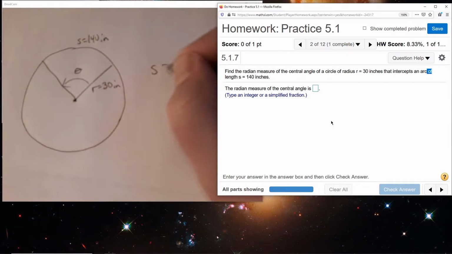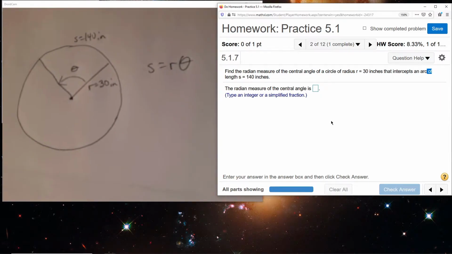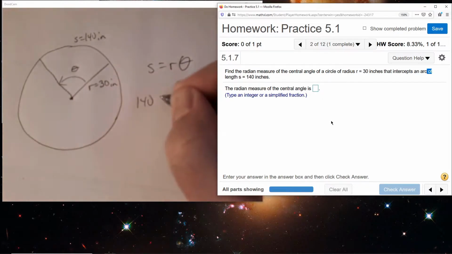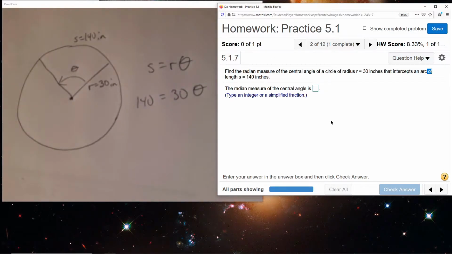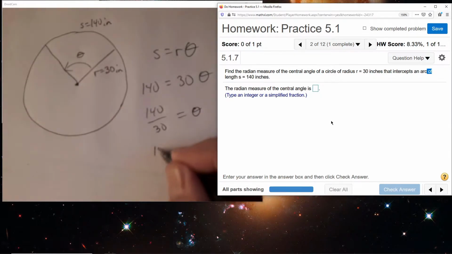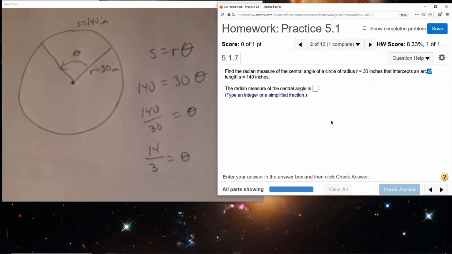And so that's where we have the S equals R theta. So we know S is 140. We know R is 30. And so we're solving for theta. So we can just divide both sides to get 14 over 3 is theta.